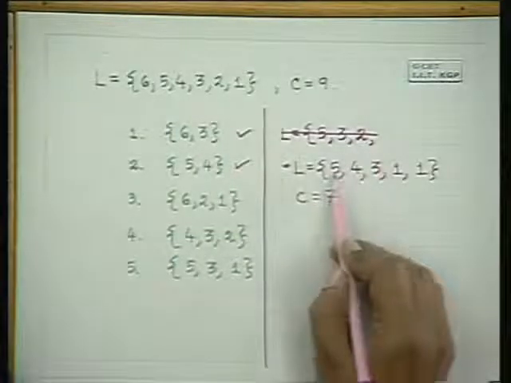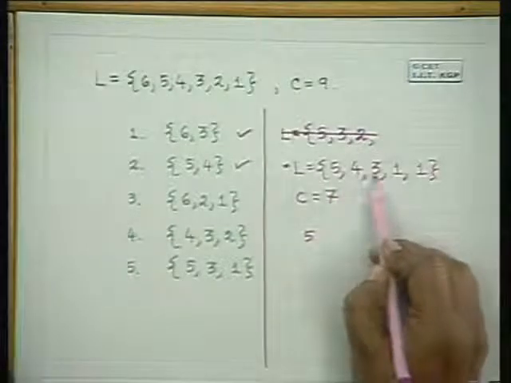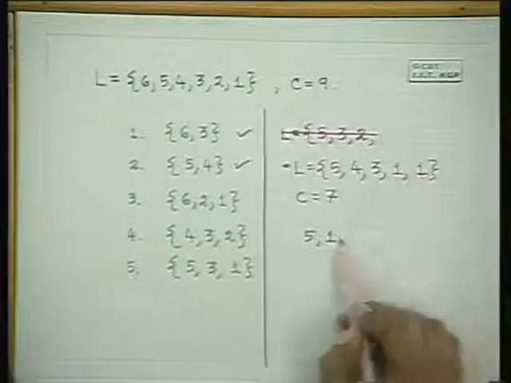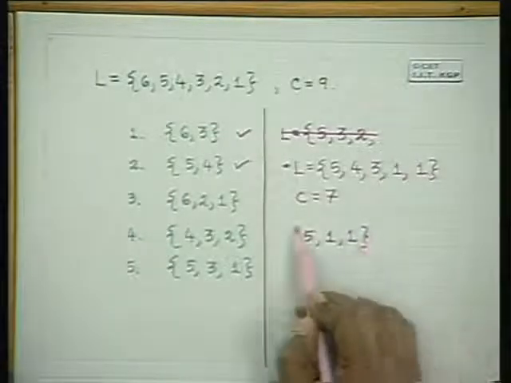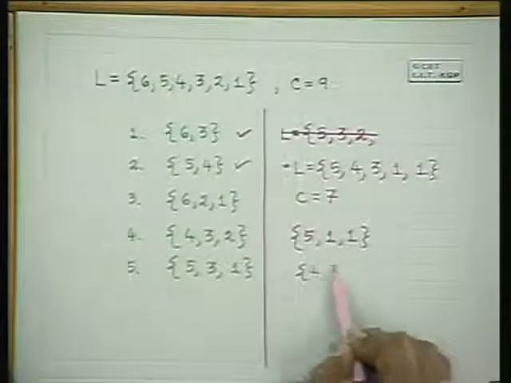Then normally we would say choose 5. Now you are left with 2, you cannot take this, you cannot take this, so you will take 1. Then again you are left with 1, so you will take 1. And you would end up with a solution like this, whereas the solution 4, 3 is optimal.